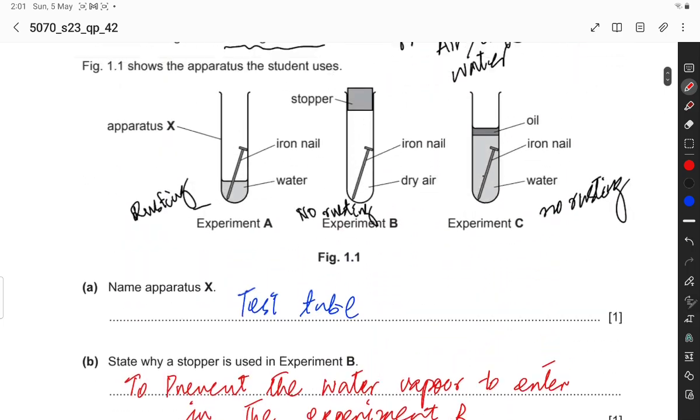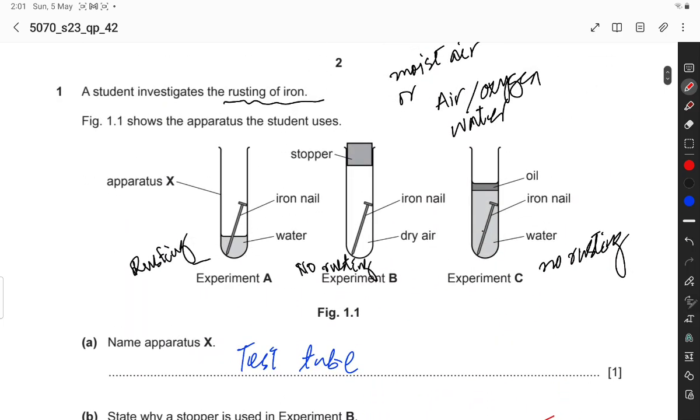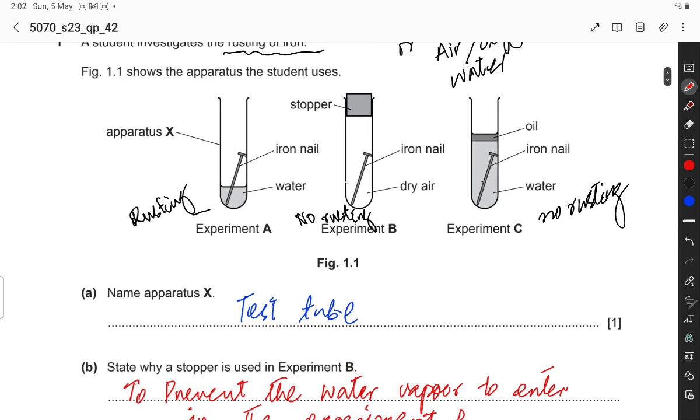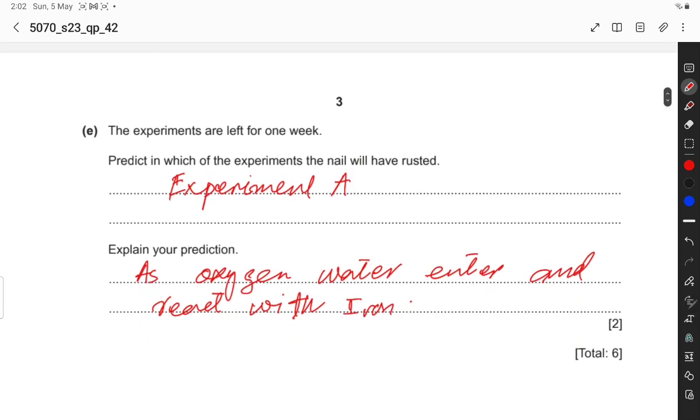Experiment A, because both air and water, the conditions of rusting, are provided. Water is absent in experiment B, and air is absent in experiment C. That's why rusting cannot take place in experiments B and C.